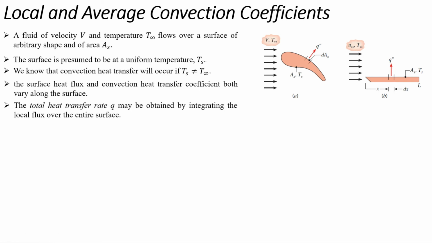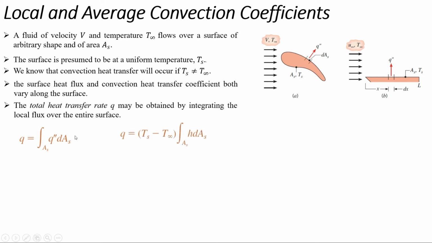Now the total heat transfer rate may be obtained by integrating the local heat flux over the entire surface. It means that if we know the heat flux at a point, then the total heat transfer will be determined by integrating over the entire surface.